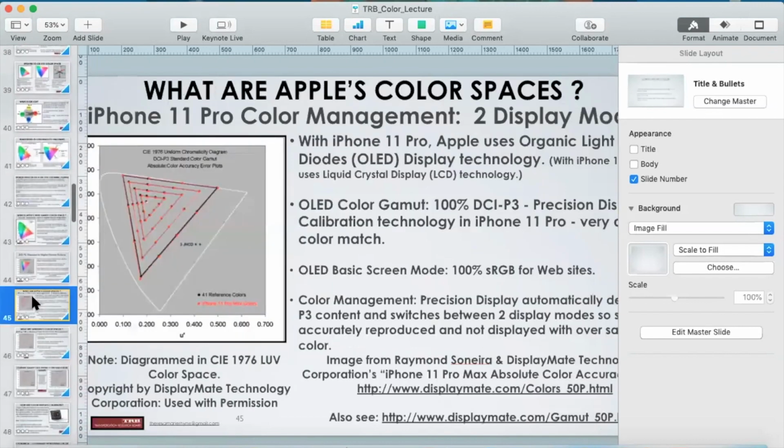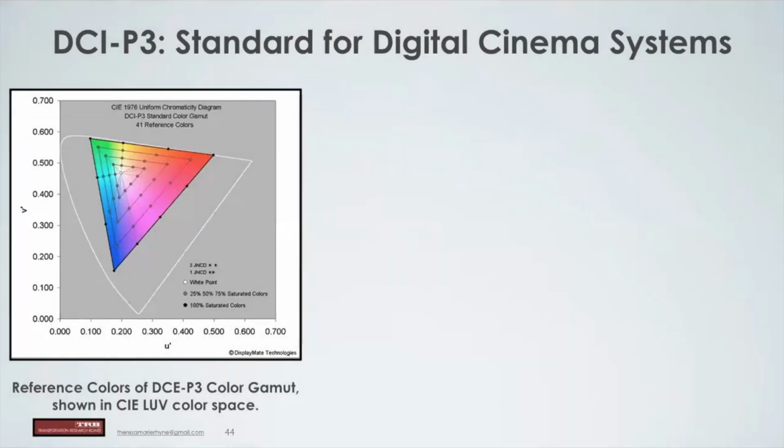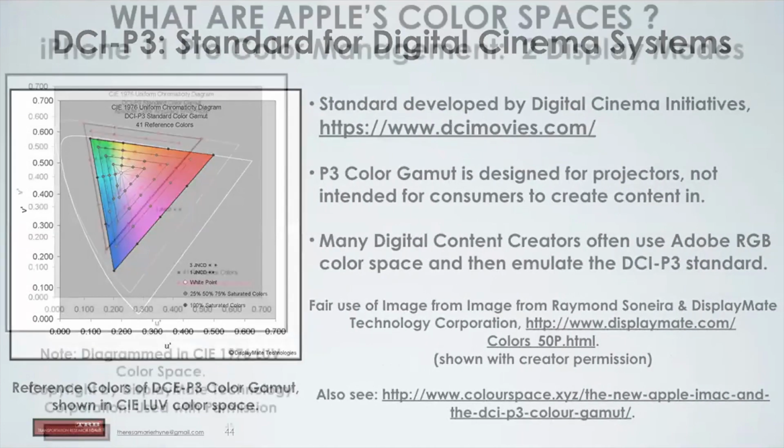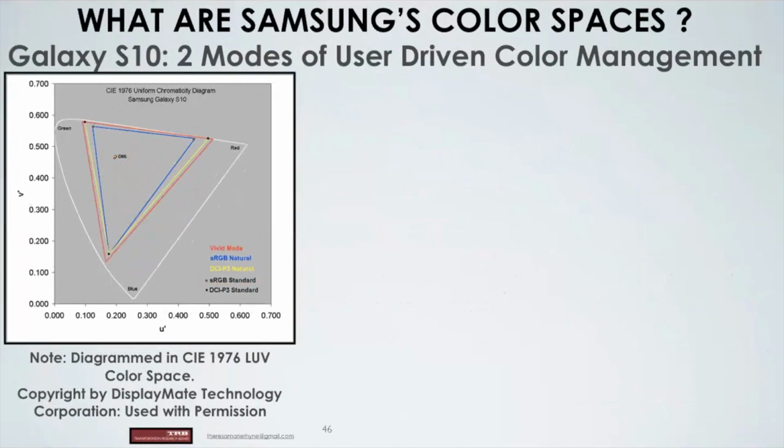So we should boycott Apple? It's not a big deal, this is just a decision. DCI-P3 is the standard. I don't think you're going to be able to boycott them, but they just made it years ago.